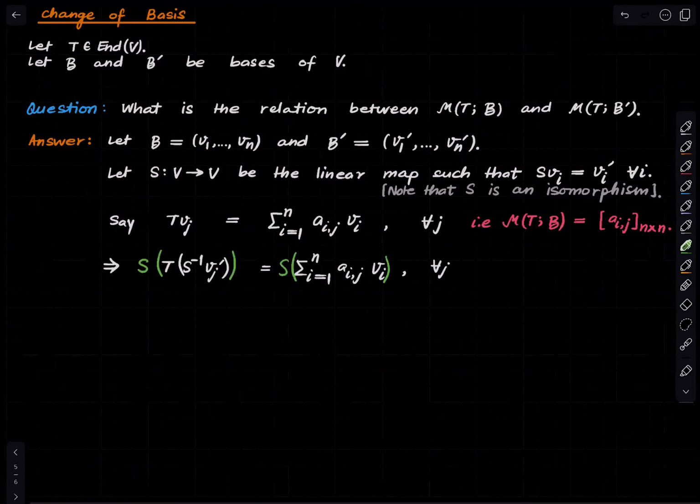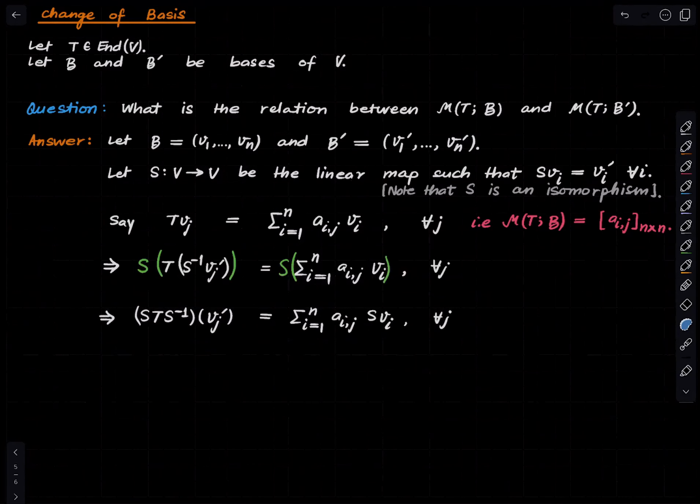We just applied S on both sides and now the left side is this and the right side, we use linearity of S to get that. Alright, but what is S of Vi? S of Vi is Vi prime, so let me just write it here itself. Alright, great.